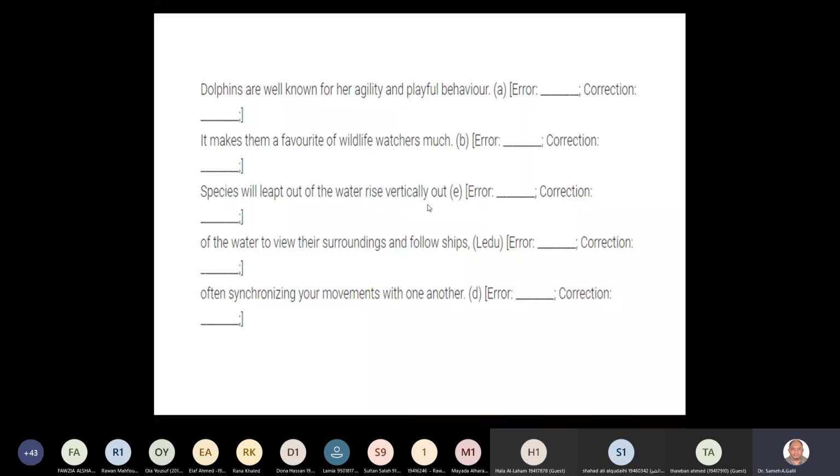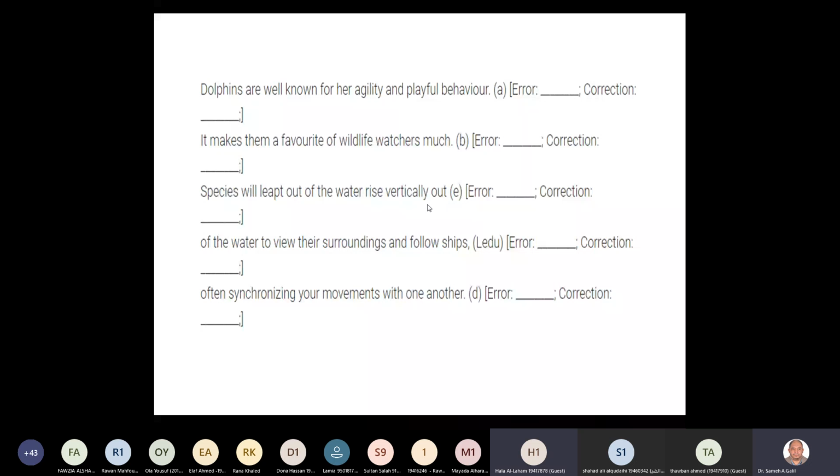Forget about having a comma or. So, it makes them. It is a reference to what? To the behavior of the dolphins, right? Them is a reference to what? To the dolphins? Yeah, absolutely.